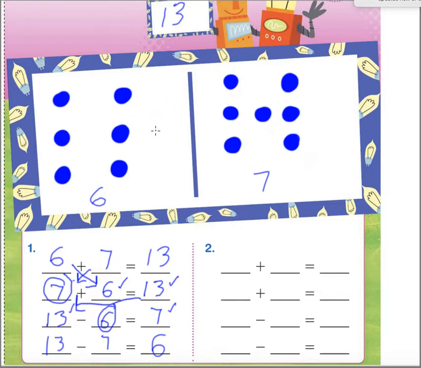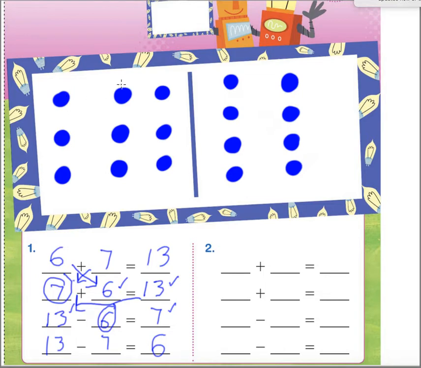Now let's use some different numbers. All right. I'm actually using much bigger numbers now to make this just a little bit more challenging. So that way, when we do this on our own later, we're going to have no problem. All right. So real quick, let's figure out how many dots are in each section.